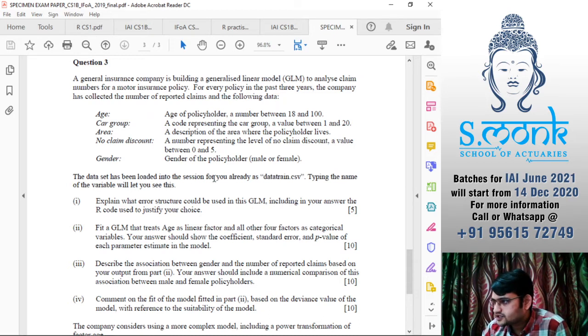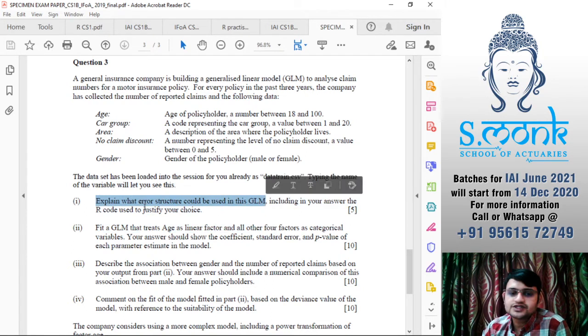The data set is in data train CSV, and it has been uploaded here. Explain what error structure could be used in this GLM. Error structure just means whether our error, or response, is following some kind of a distribution: a normal distribution, binomial, Poisson or gamma.